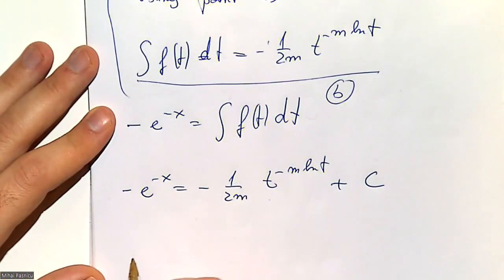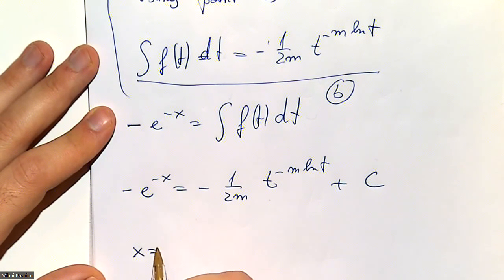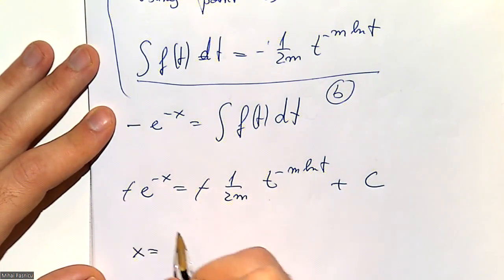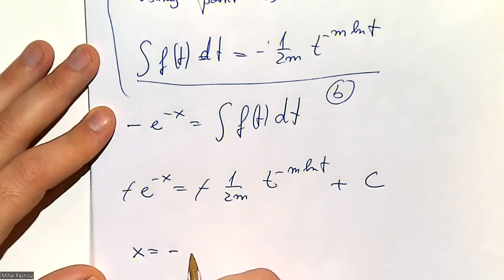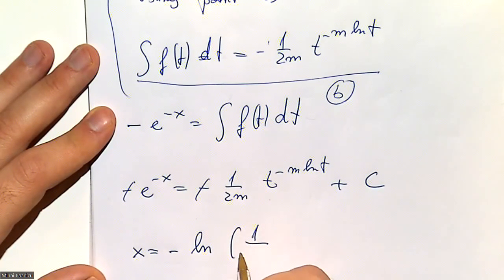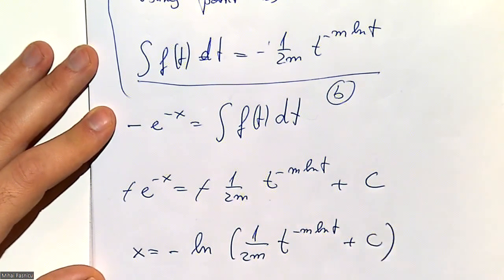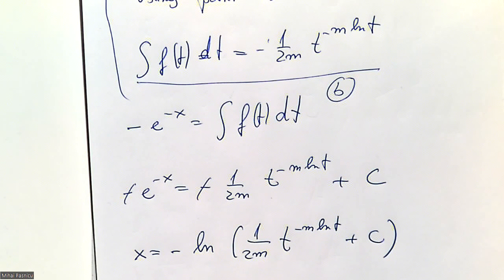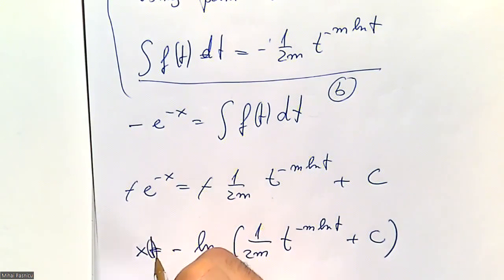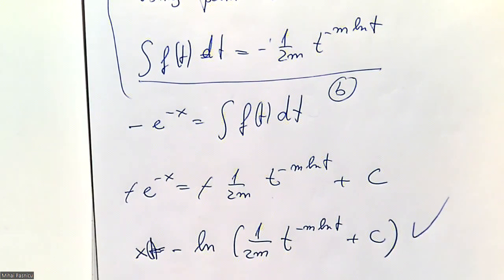So x is just equal to, the minus goes away, minus ln of 1 to m t minus m ln t plus the constant. And you're done. That's x of t, if you want. And you're done.